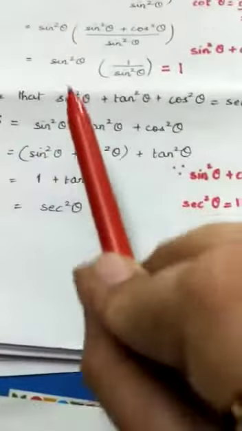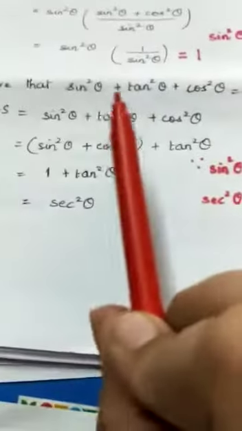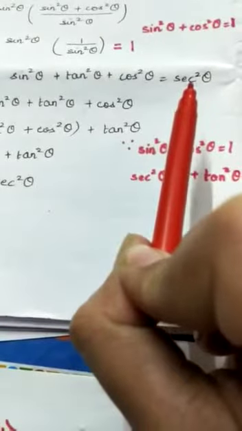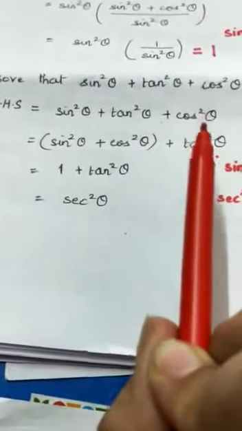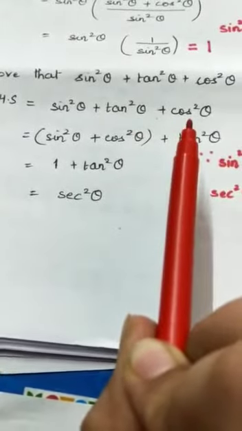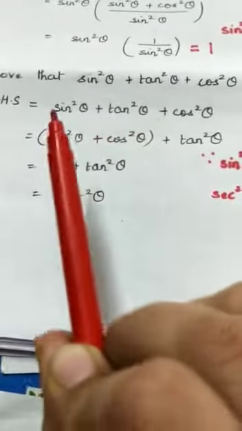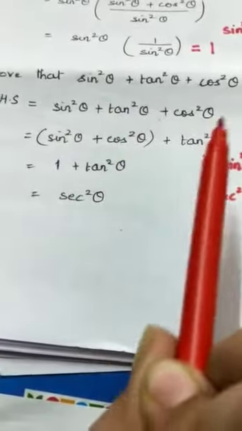Clear? Now, prove that sin square theta plus tan square theta plus cos square theta is equal to sec square theta. Consider the left hand side, because it is difficult to move terms from this side to that side, so it is easier to consider the left hand side. You can see sin square theta and cos square theta, and all the terms are in addition. So we can consider these terms and write them in a bracket: sin square theta plus cos square theta, plus tan square theta.